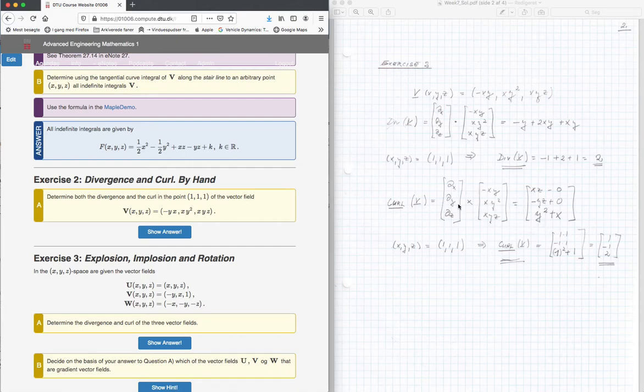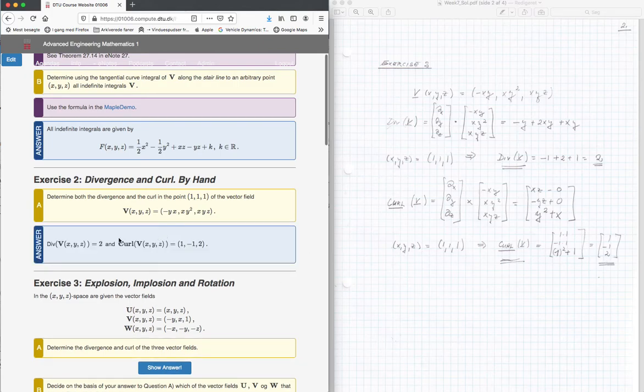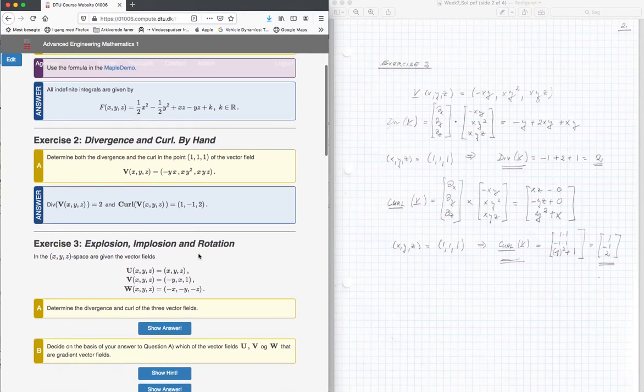And remember to change the sign when you are looking at the second row. So this is the result, and when you evaluate that at the point 1, 1, 1, you get that the curl of the vector field V is equal to 1, minus 1, 2. Let's see if we did that. Yeah, this is the result.